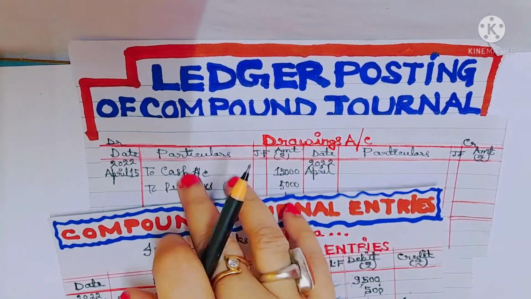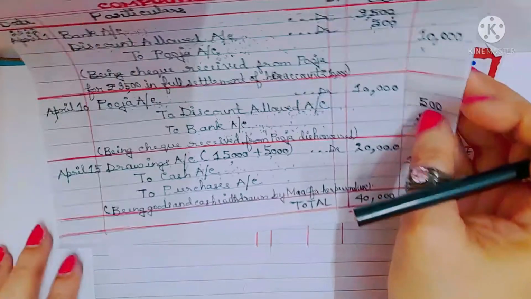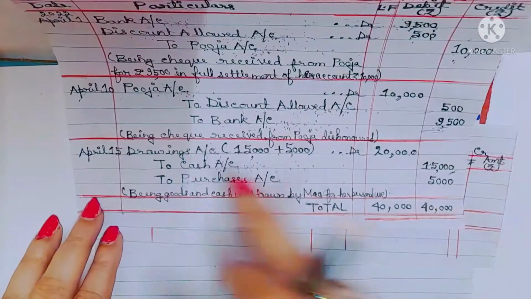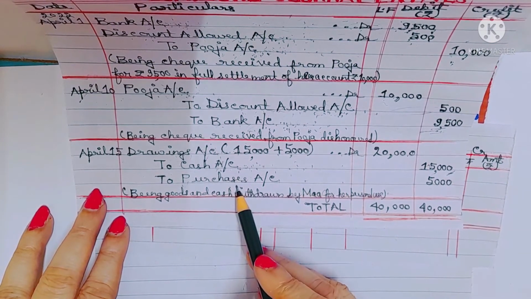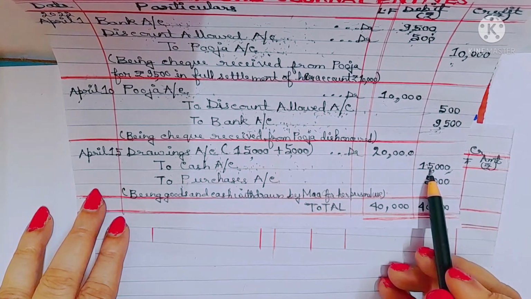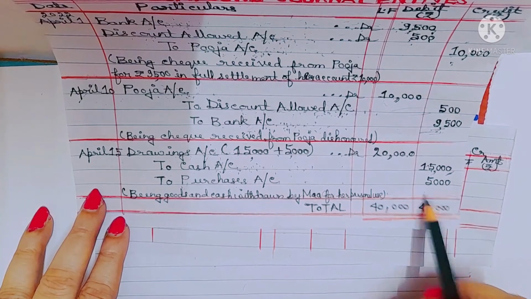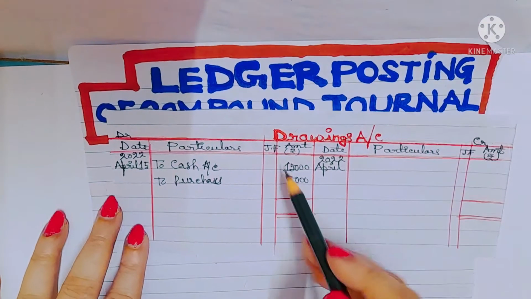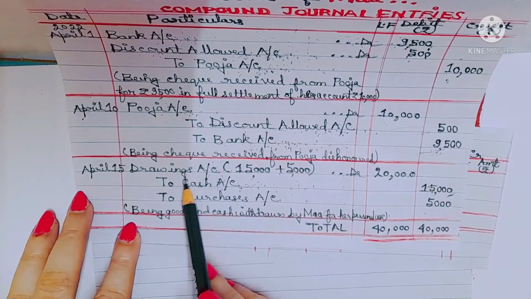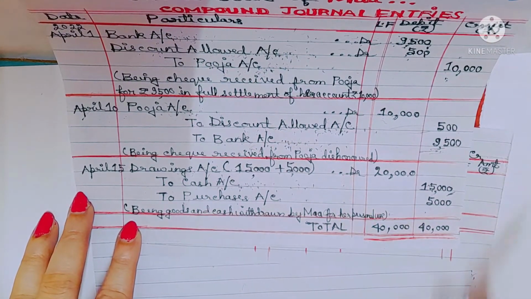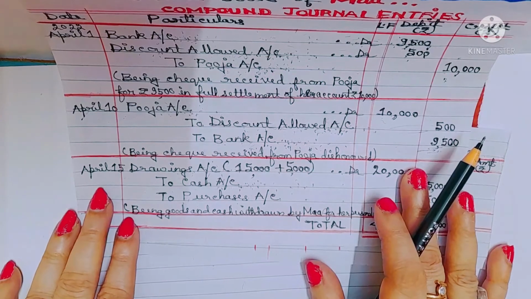See, since drawings account is on the debit side, we have to write cash account and purchases account on the debit side too. Cash account is 15,000, purchases account is 5,000. See. Now is there any other drawings account transaction? See, there is no other drawings account debit transaction. Only one transaction. Let's close drawings account.